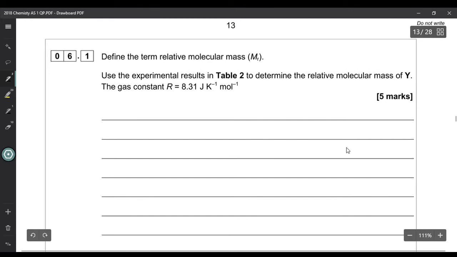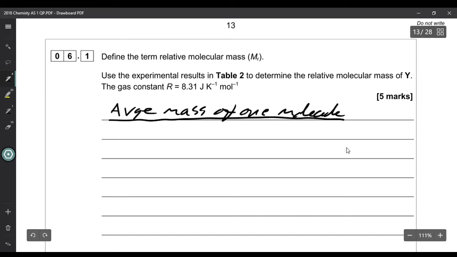So the first part of this question says define the term relative molecular mass. So this is just the average mass of one molecule divided by 1/12 of the mass of one atom of C12.